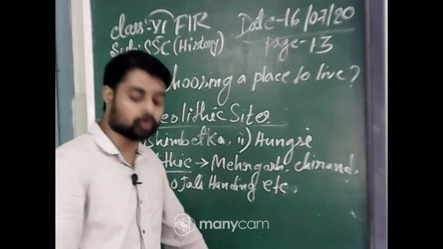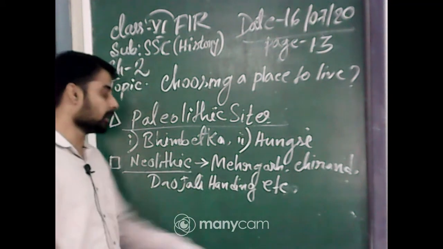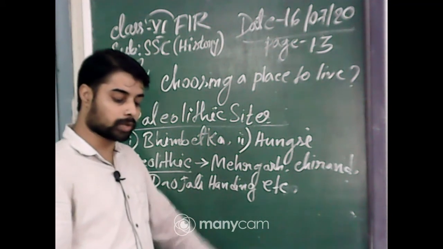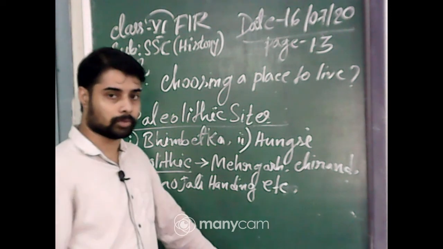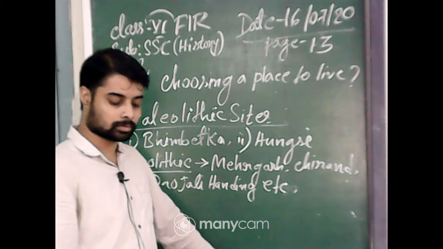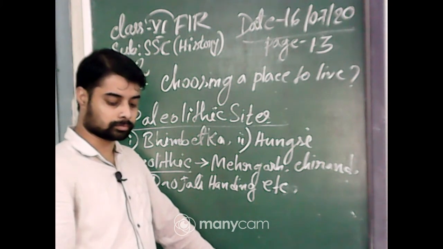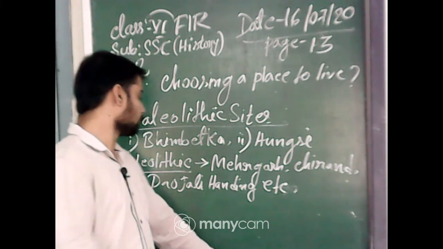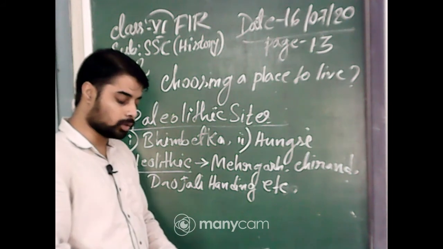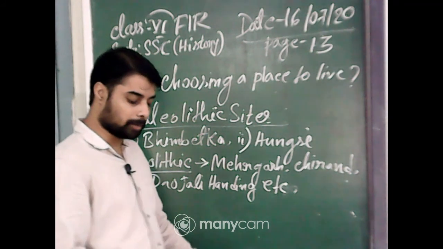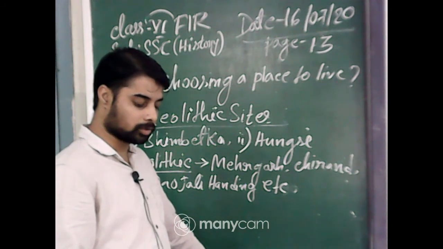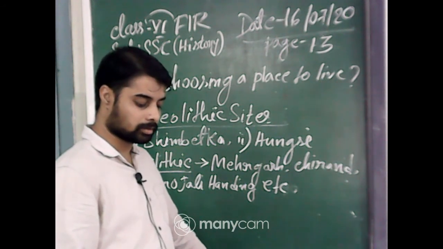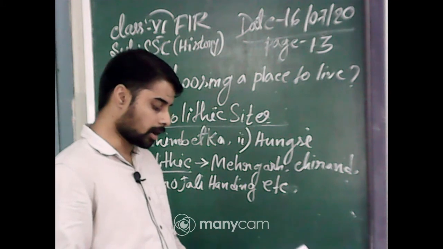Chirand is situated in today's Bihar, Daojali Hading in today's Mizoram, and the rest like Hallur in Karnataka, and Payampalli also in Tamil Nadu.